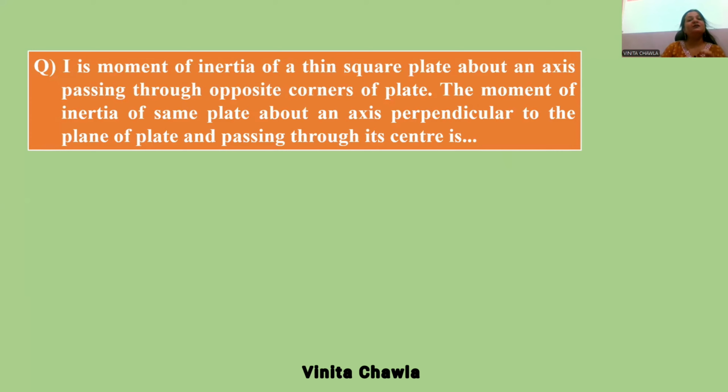The moment of inertia of the same plate about an axis perpendicular to the plane of the plate and passing through its center is? So you are given a square plate, and we know the moment of inertia about the axis passing through its opposite corners. We have to find out the moment of inertia about the axis through the center perpendicular to the plate. Here your options are 1/2, 1/√2, √2 I and 2I. Lock it, tell me. 2I.